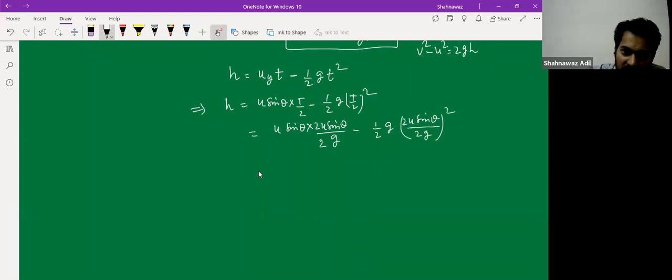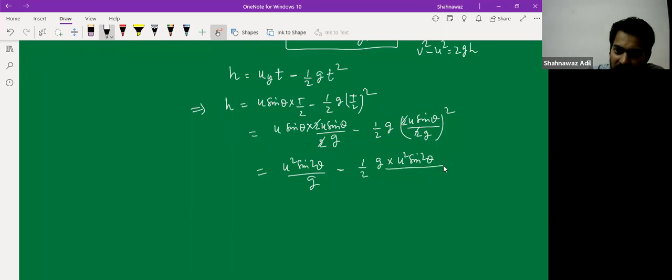Right. So this is what? 2 cancels. So this is u square sine square theta by g minus half g, and this is what? 2 cancels. So this is u square sine square theta by g square. Right?